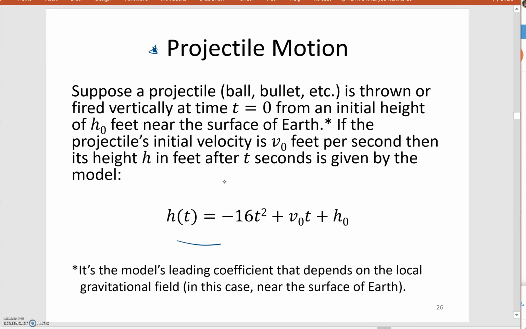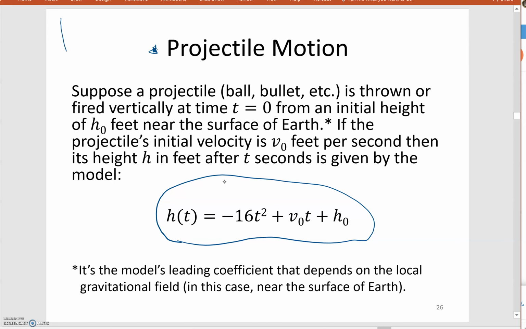h of t equals negative 16 t squared plus v sub 0 t, that's the initial velocity, plus h sub 0, so that's the initial height. So this is a quadratic function. It's a negative leading coefficient, therefore a downwards facing quadratic function.